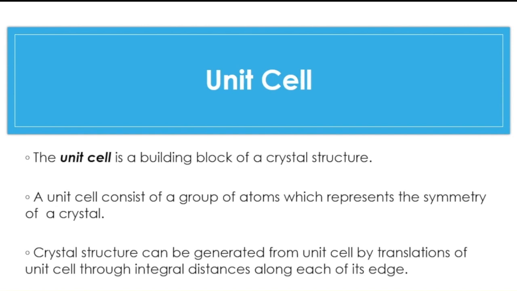That is why it is called the building block of a crystal structure. A unit cell consists of a group of atoms which represents all kinds of symmetry of a crystal. If you need to generate a crystal structure from the unit cell, then you need to translate the unit cell along its edges in the 3D directions, and then you can create the crystal structure.